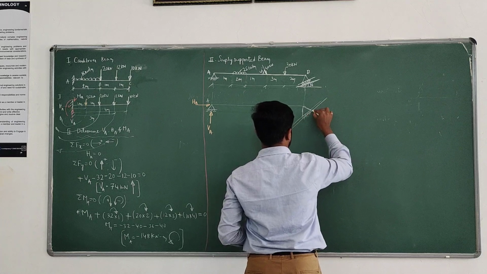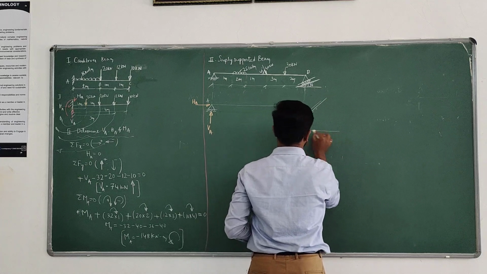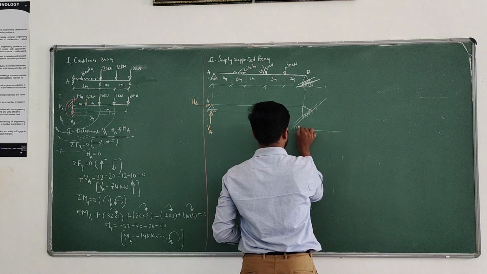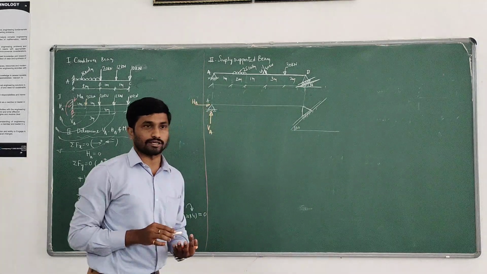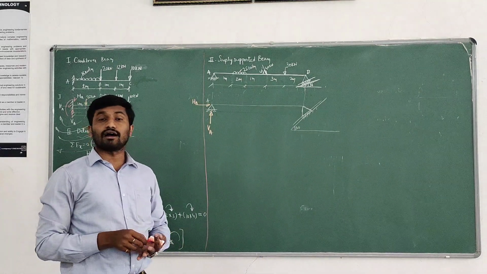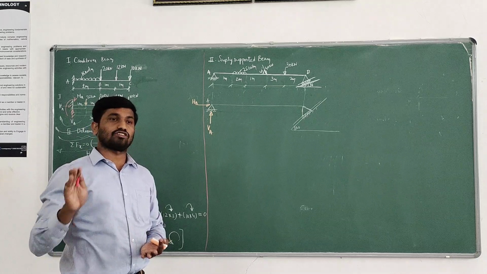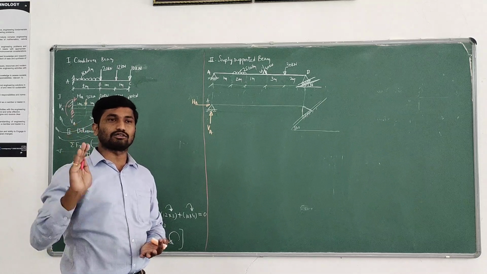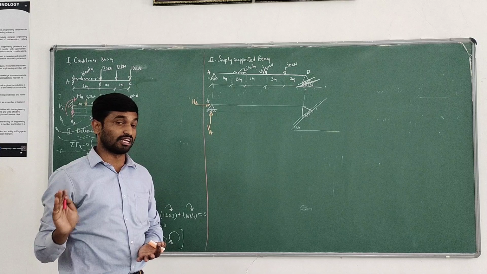It's very, very important. The roller angle given in the problem is 30 degrees. We know that reactions are always developed perpendicular to the contact surfaces. It's an equilibrium concept.